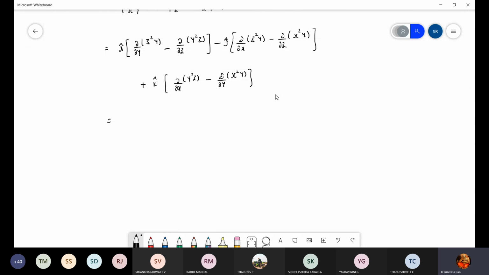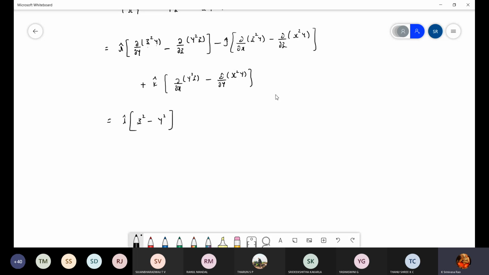I cap into partially with respect to y, you will get z square, minus partially with respect to z, you will get y square. With respect to y, differentiation of y is 1, z square you keep as it is, you will get z square.